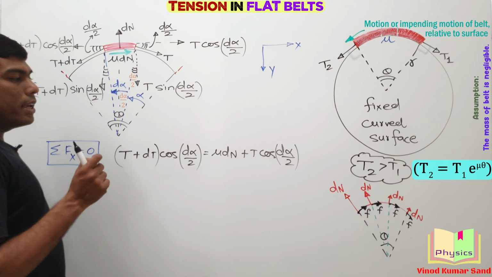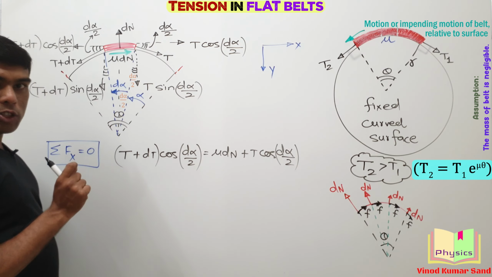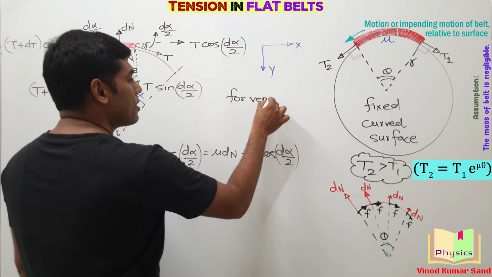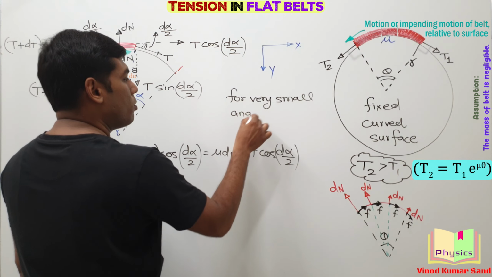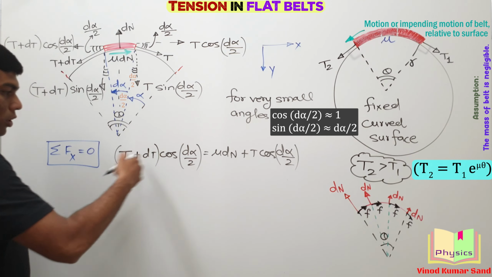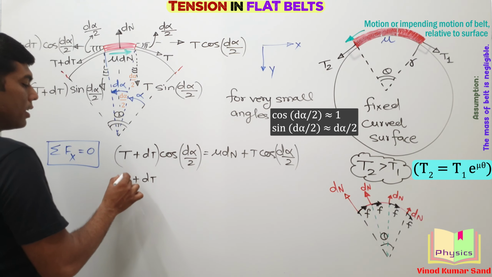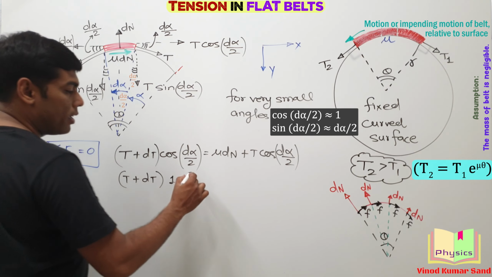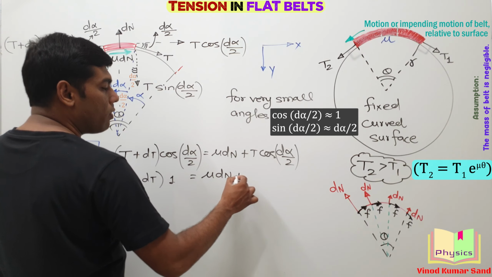Got it? Here we know one thing, for very small angles, actually d alpha is a very small angle. So for very small angles, there are approximations in the trigonometry. So using the approximation here, (T plus dT) cos d alpha by 2 will be taken as 1, equal to mu dN plus T cos d alpha by 2.